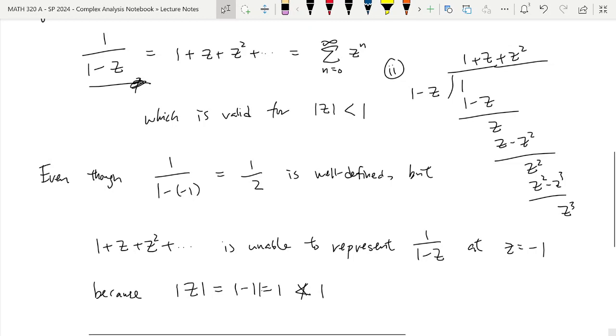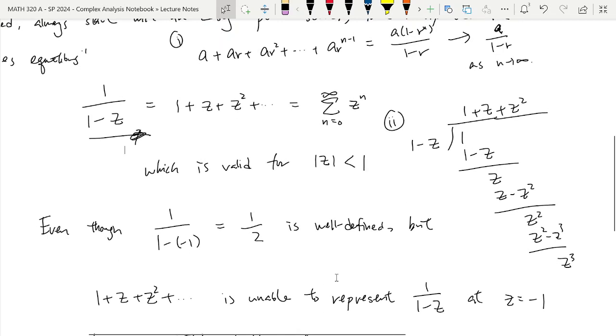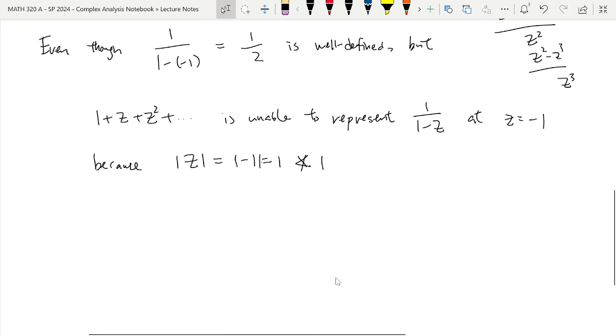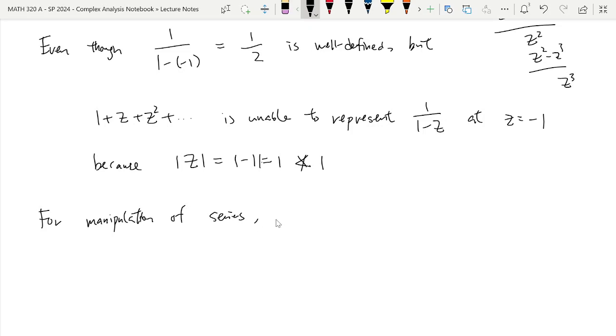So that's our starting point. So what can we do? Using the standard geometric series for manipulation of series, the first thing you can do is substitution.